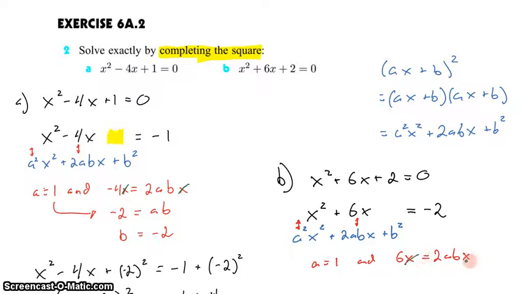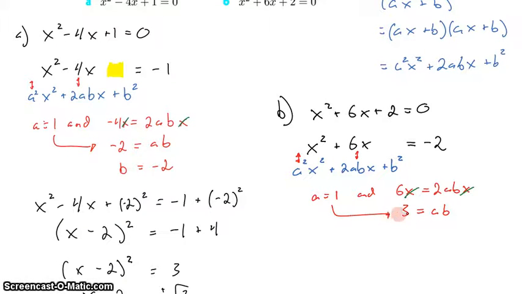The x's cancel, and dividing by 2 yields 3 equals ab, but I know what a is. So b has to be equal to 3. Which means what belongs in this gap is 3 squared. So let's put it in. x squared plus 6x plus 3 squared equals negative 2. And to keep the equation balanced, I'll add 3 squared to this side as well.